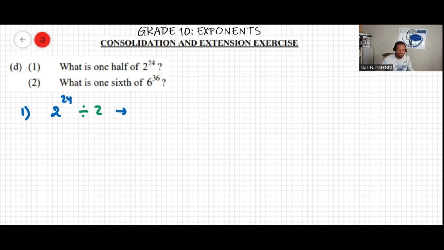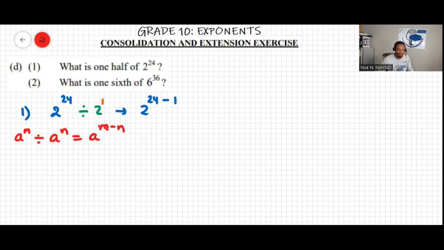So this means 2 to the 24 divided by 2. The law of exponents says what? a to the m divided by a to the n equals a to the m minus n. So in this case, it's going to be 2 to the 24 minus 1, because there is an invisible exponent 1 here.